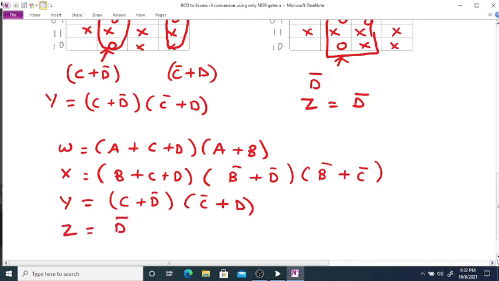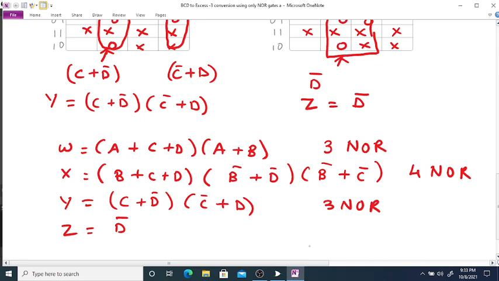Now, in this case if we see, we will need 3 NOR gates over here. Then here we will need 5 NOR gates. We will need here 4 NOR gates, and again here we will need 3 NOR gates.